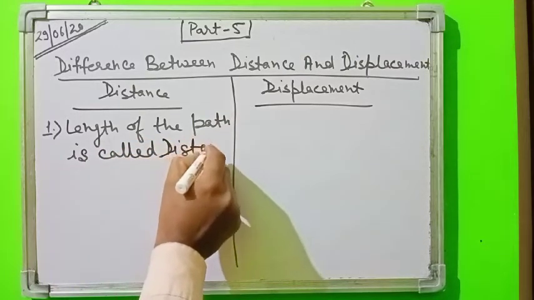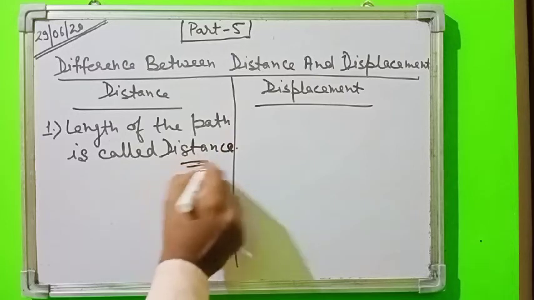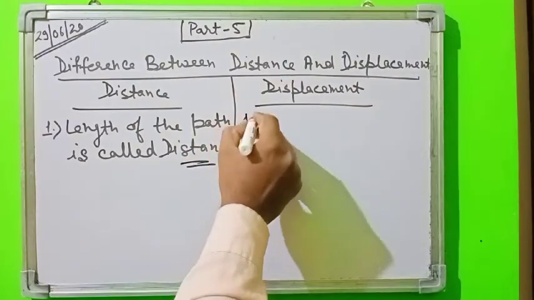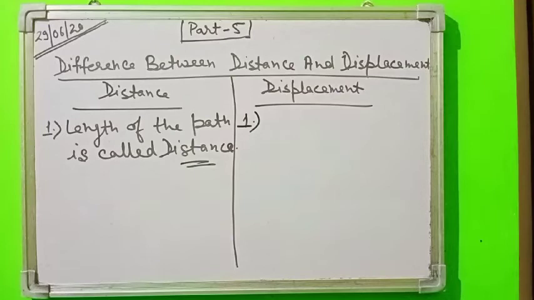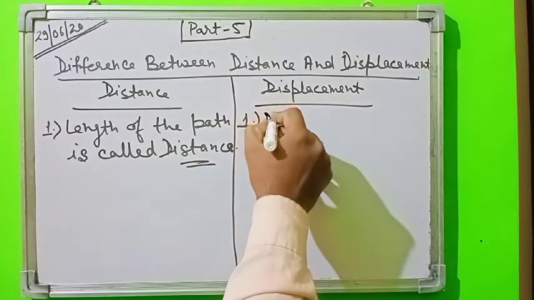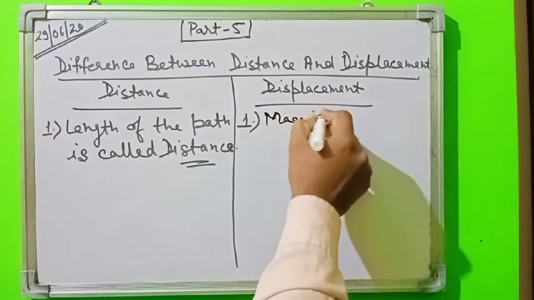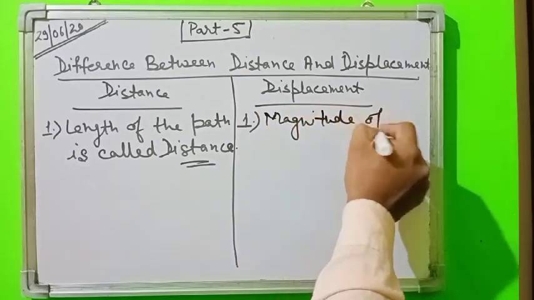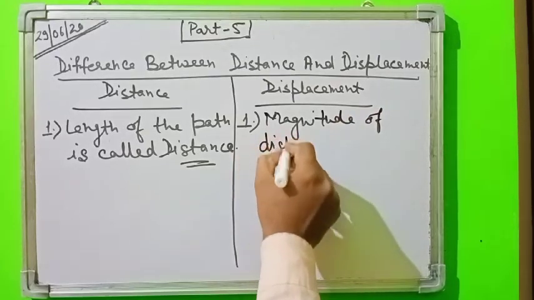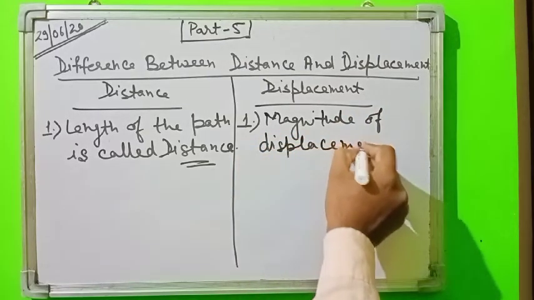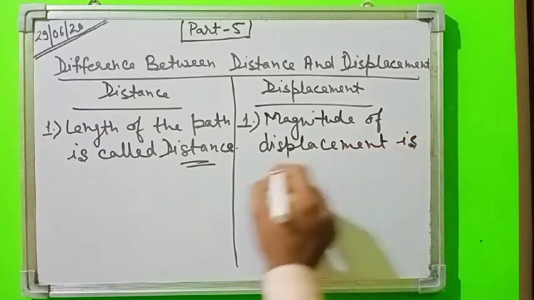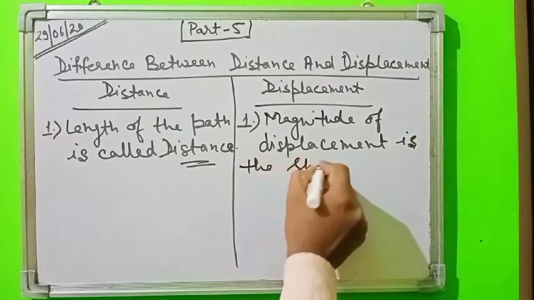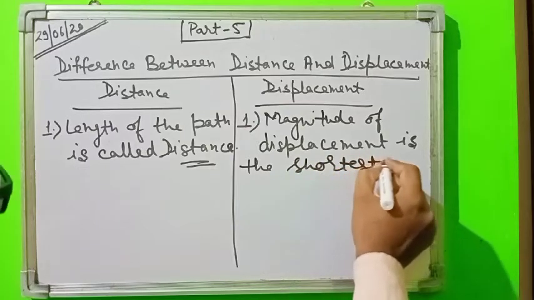As we had discussed, whatever the path length, that path length is called distance, and the magnitude of displacement is the shortest path.